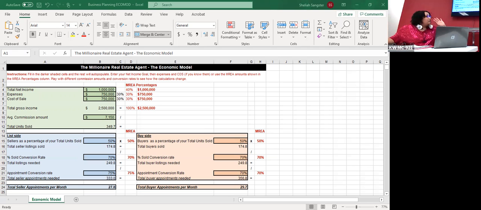So the first one would be what you actually believe your goals are going to be. And then the second one is your future goals. So have that in mind as well. So you can actually just duplicate this and just change the numbers for your future.